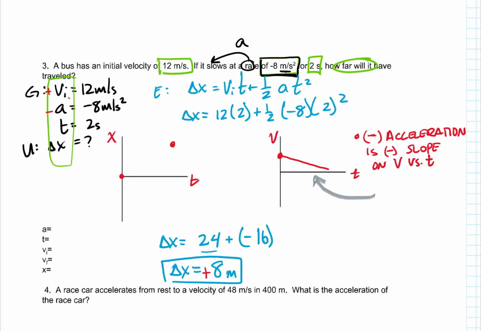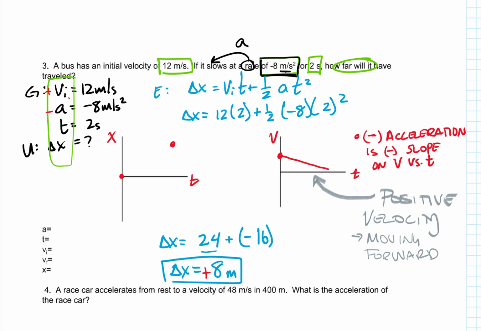So if we look at this, what we see here is positive velocity the whole time. I have a positive velocity the entire time, which means we are moving forward.